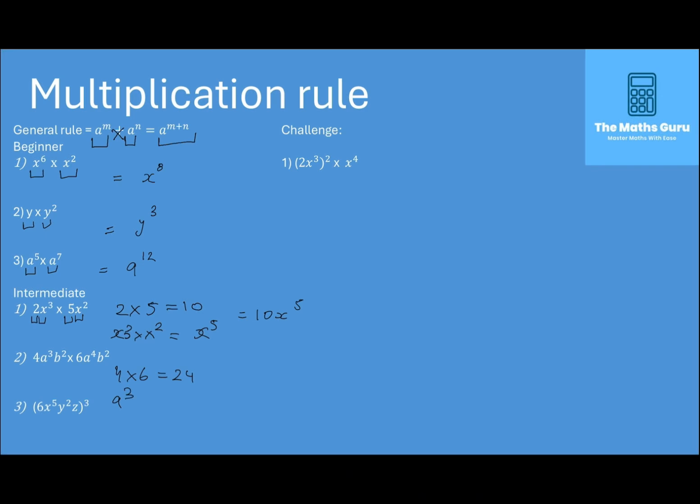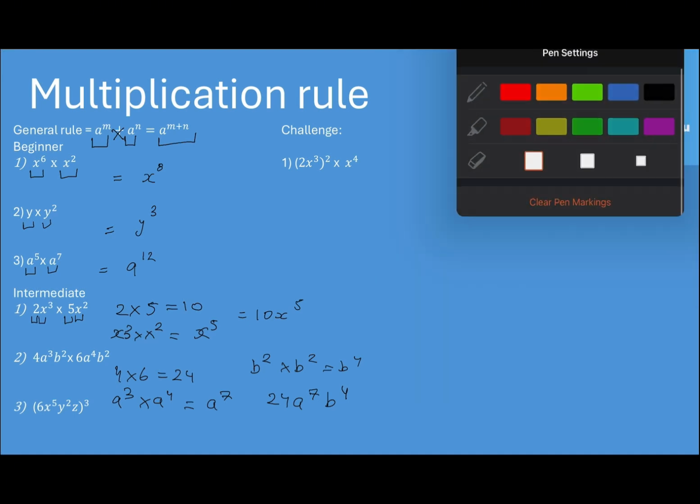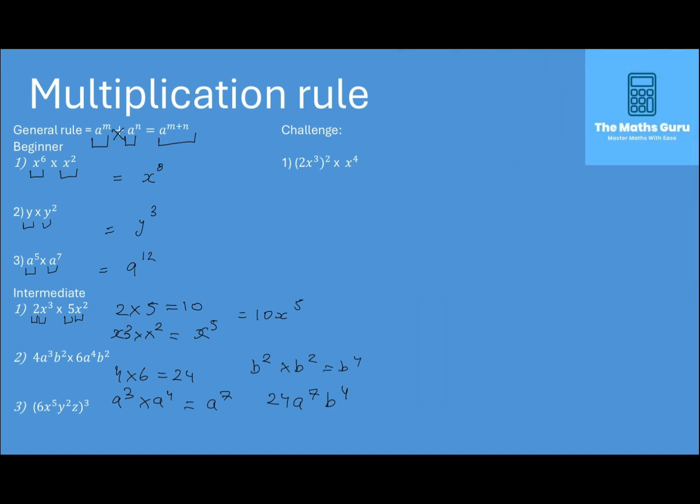A cubed times by a to the 4 is a to the 7. B squared times by b squared is b to the 4. Hence, the final answer is 24 a to the 7 b to the 4. So yeah, let me just make space for the next question.